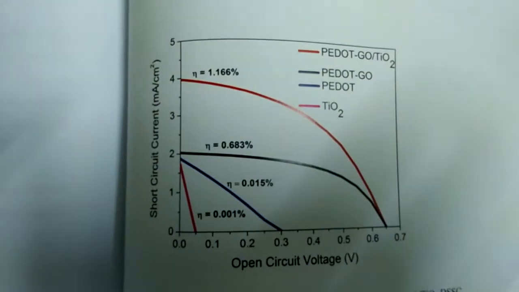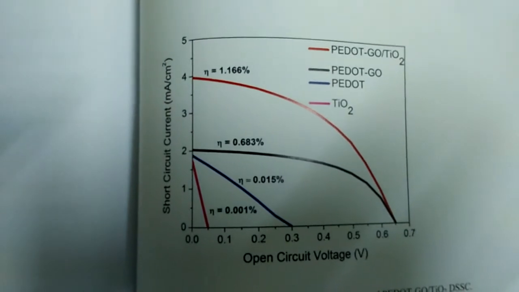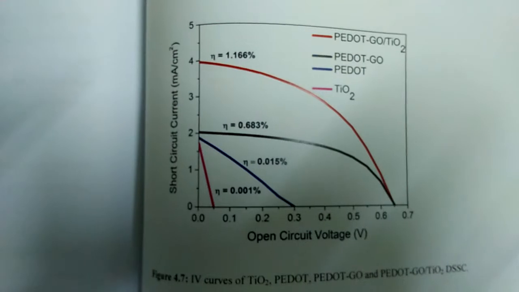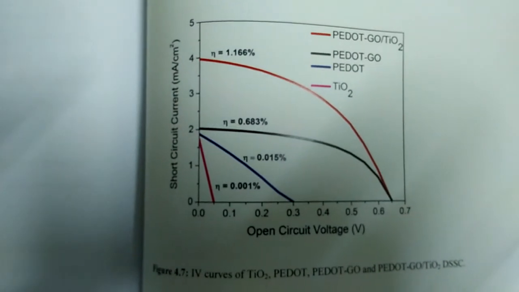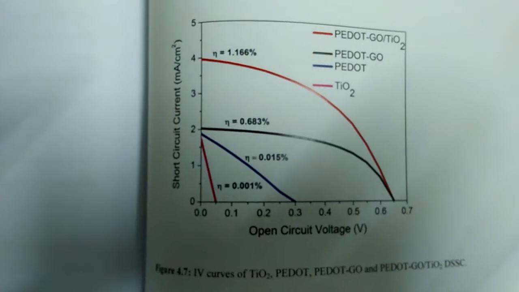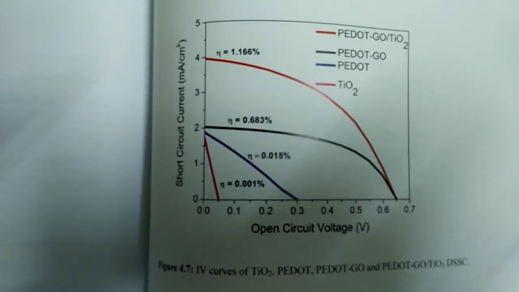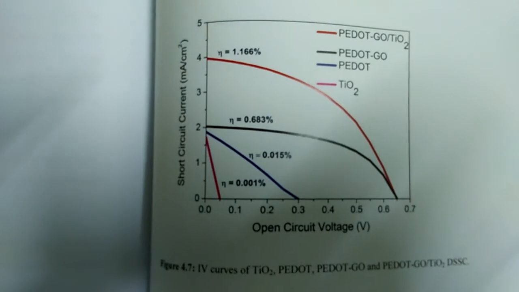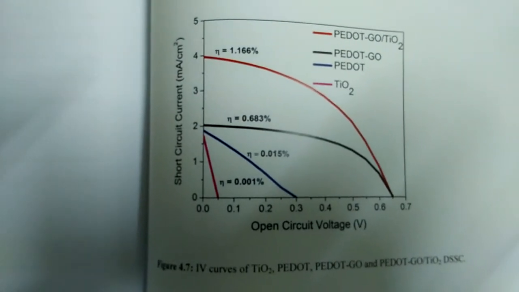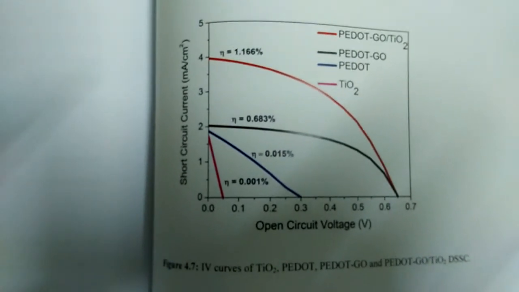So overall, if you're interested in doing DSSC, you should know that if you want to study the counter electrode, the analysis is very simple. You must have FTIR to know the functional group. You must have FESEM to know the morphology, XRD to know the crystallite size, whether your material is crystalline or not, and whether the metal oxide can be detected or not.